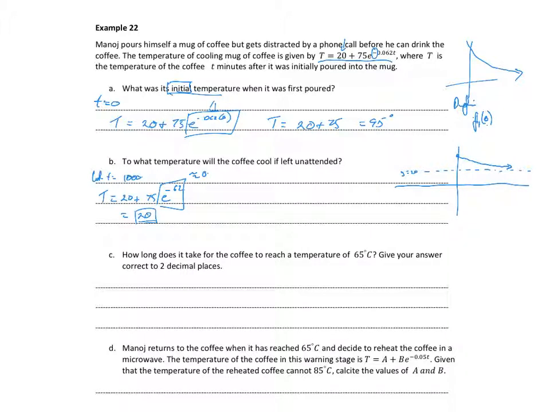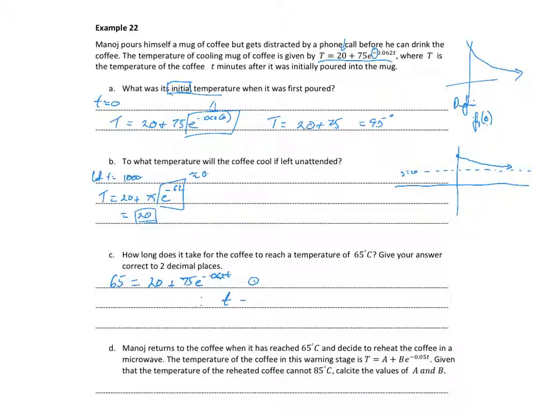How long does it take for the coffee to reach a temperature of 65 degrees centigrade? So here we're saying the capital T is 65. So I want to solve 65 equal to 20 plus 75e to the negative 0.062t. So there's your 1 mark there for saying the math that you want to use.